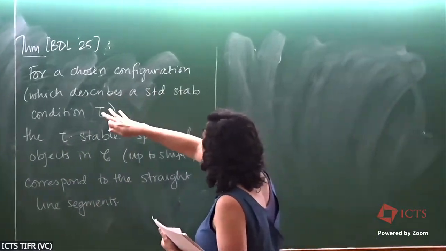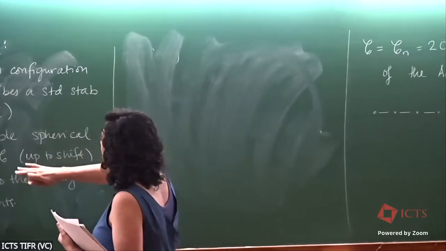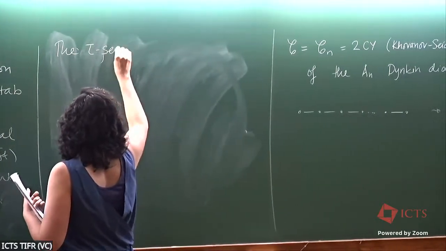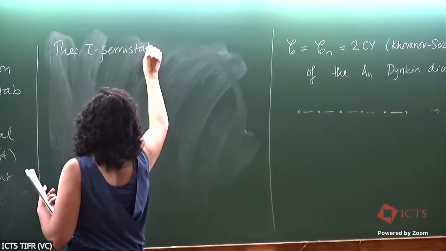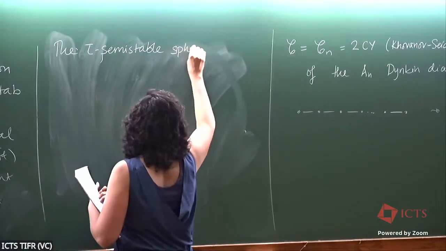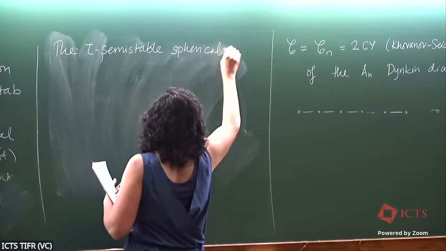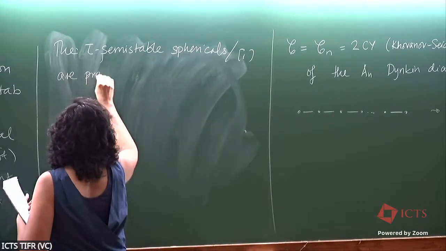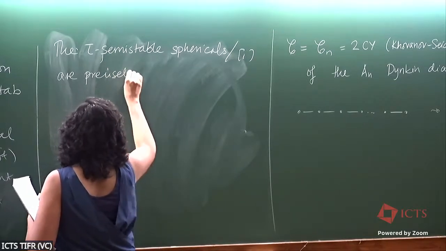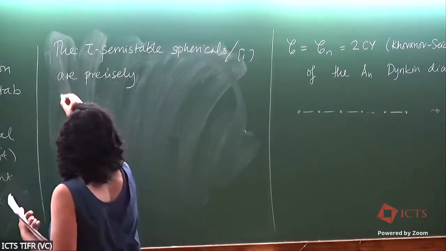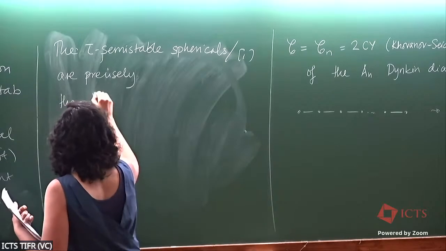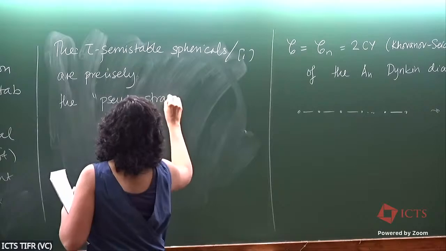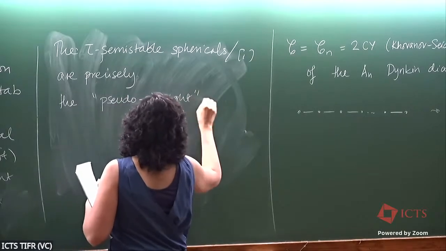So for a chosen configuration, which describes a standard stability condition, the tau semi-stable sphericals up to shift are precisely what we call in the paper the pseudo-straight arcs.